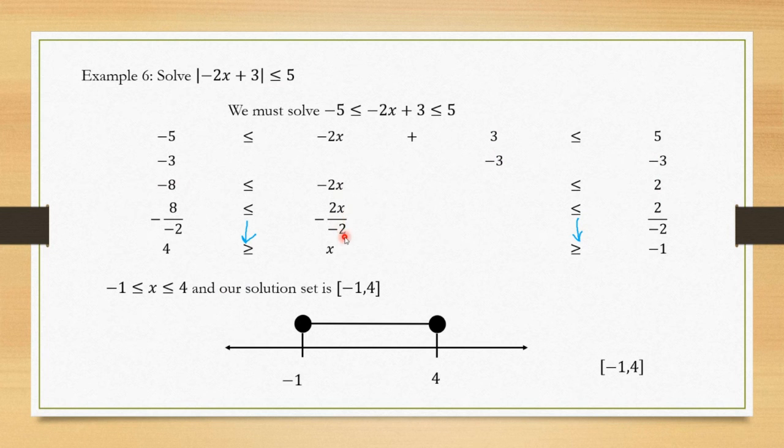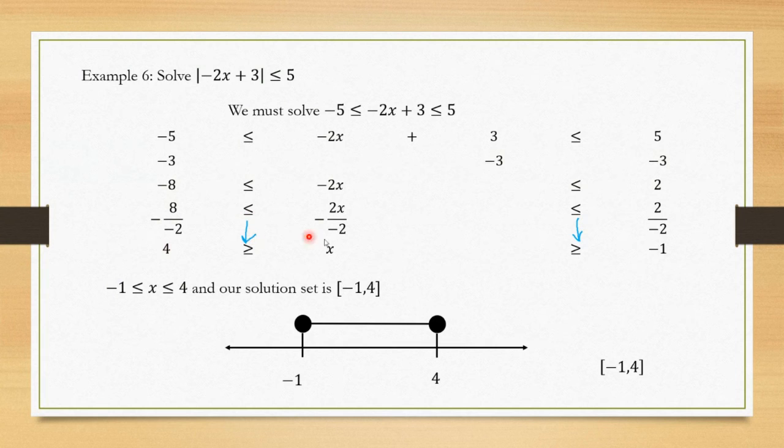And you can see that when we do that, we divide each side by negative 2. But when you do that, what happens? Well, you get x all alone in the middle. Here we get 2 over negative 2, that's negative 1. Negative 8 over negative 2 is 4.